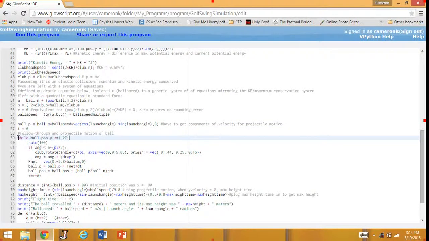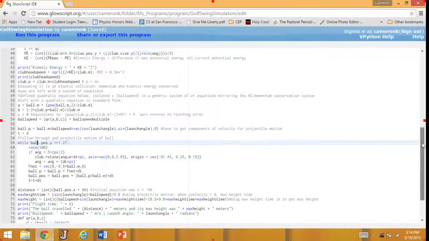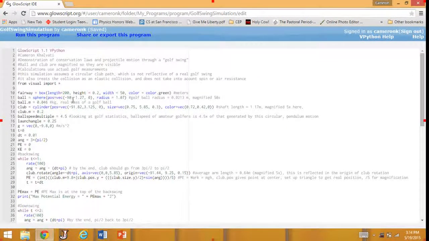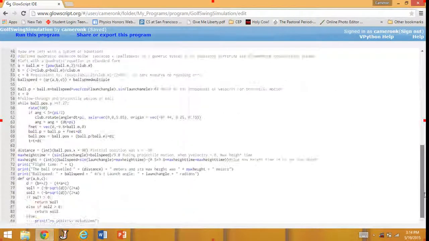And so we're heading to the last loop here. This one is going to be the follow through and the projectile motion of the ball. So while the y position of the ball is greater than or equal to 1.27, and that number just comes from right here, the y position of the ball initially.